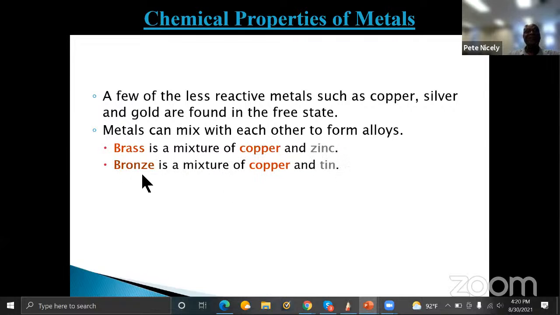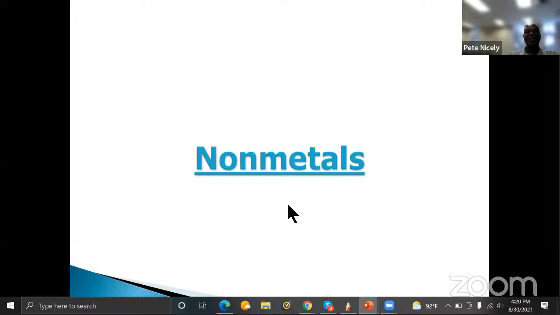You can have a mixture of copper and tin, that is bronze. And you can also have a mixture of carbon and iron. Now, technically speaking, this last one is not an alloy, so to speak, because carbon is a nonmetal, but you can have that mixture which makes up steel, the mixture of iron and carbon, all right? Okay, so that's just some chemical properties of metals.